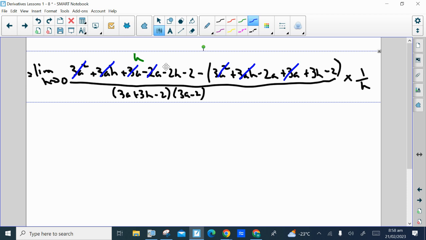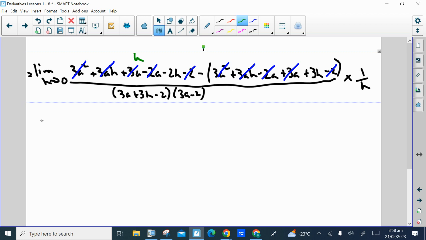This negative 2a we cancel with this one because it's going to become a positive 2a. And this minus 2 is going to cancel with this minus 2 in the brackets because when we remove it, it'll become a positive 2. So we see that almost all of those terms cancel.